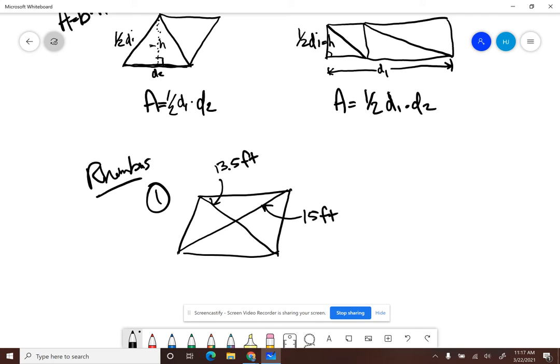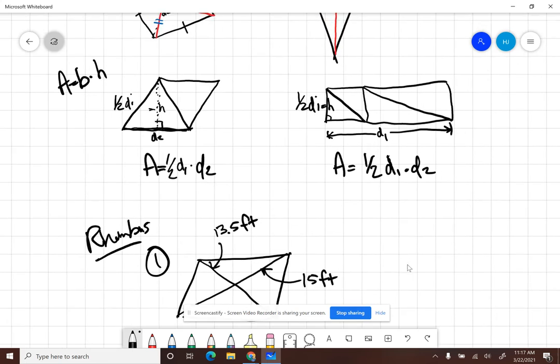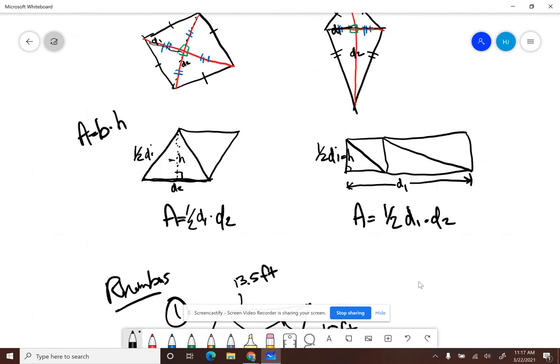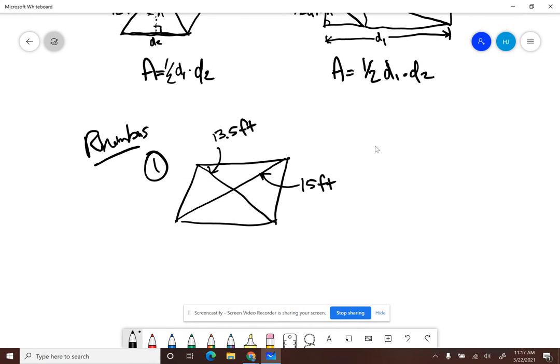Okay, so what do you remember about a rhombus? Keep in mind that in a rhombus, these are congruent and those are congruent. So if it's telling me that this one right here is 13.5, guess what? That means that this one right here is also 13.5. And if it's telling me that this is 15 feet, then that means that this one also has to be 15 feet.